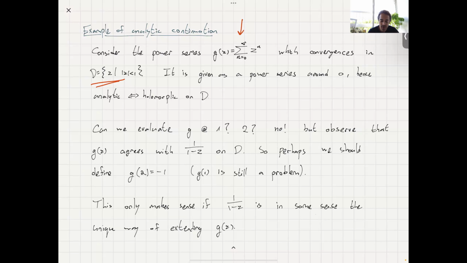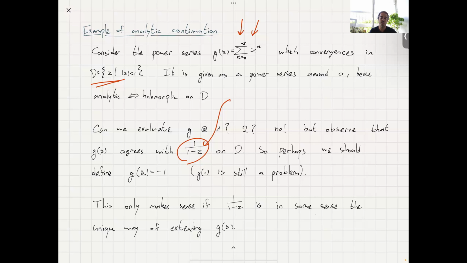But then you can remember that you actually know this thing in the domain D, in the open set D, actually agrees with this function, 1 divided by 1 minus z, which you can evaluate essentially everywhere except for z equals 1, right?